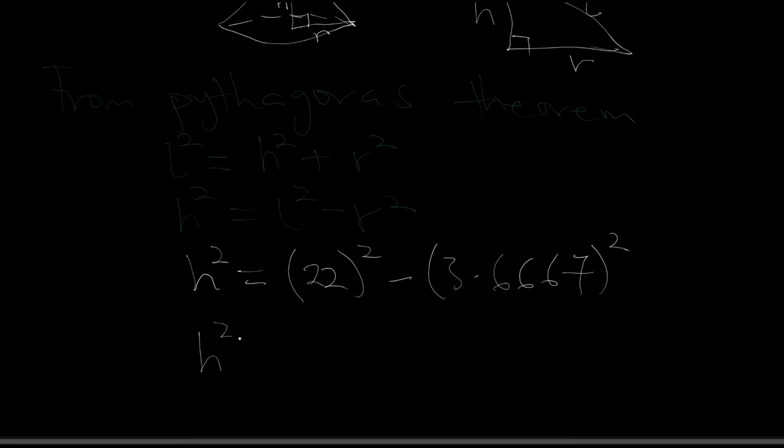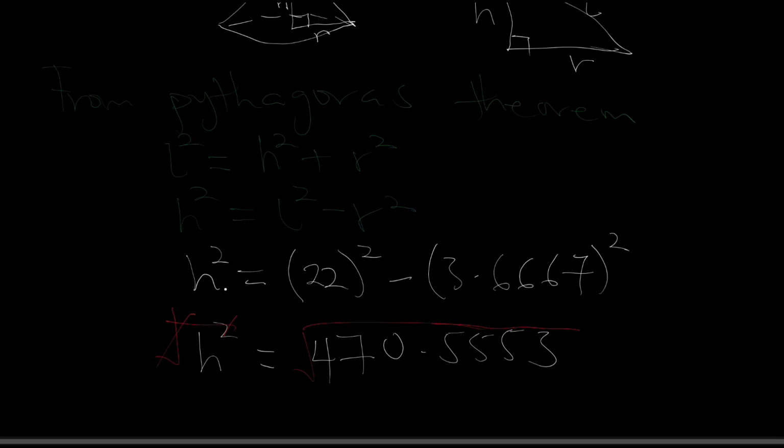Our h squared then becomes 470.553. So taking the square root of both sides, we need just h, we don't need h squared. The square cancels the square root.